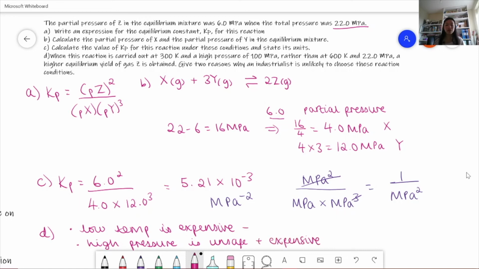And for the temperature, you can also put low rate of reaction or slow rate of reaction.